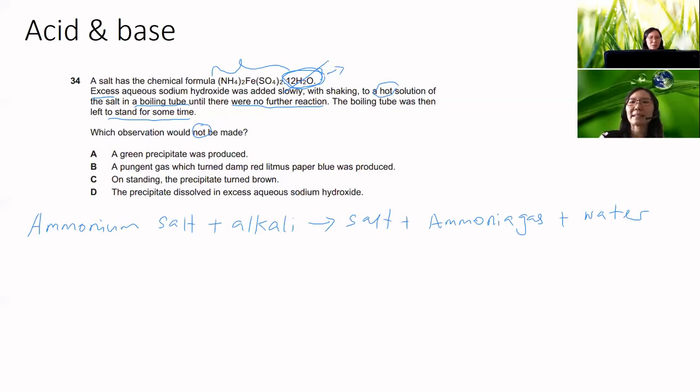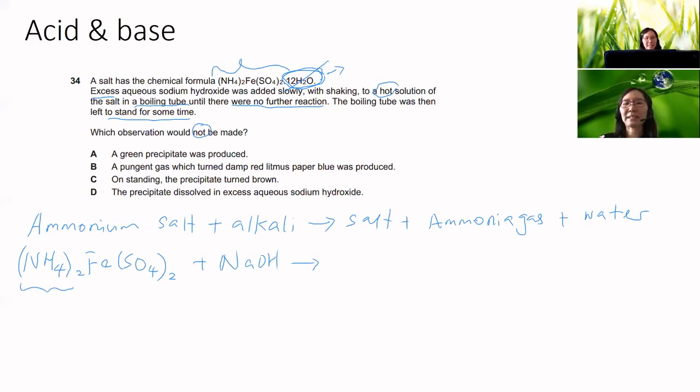So we can substitute all the information here: ammonium and sodium hydroxide. For this part, it will form ammonia gas, and what we are left with is the iron, sulfate, sodium, and hydroxide.